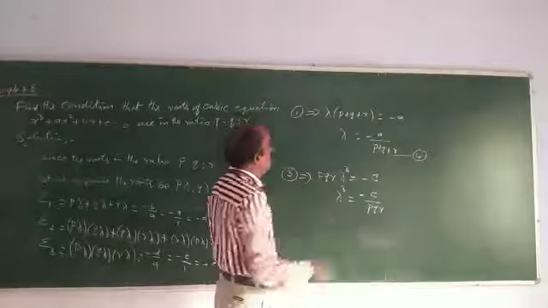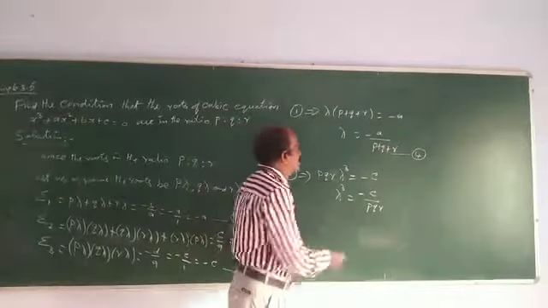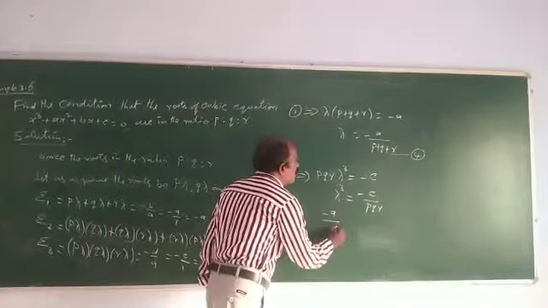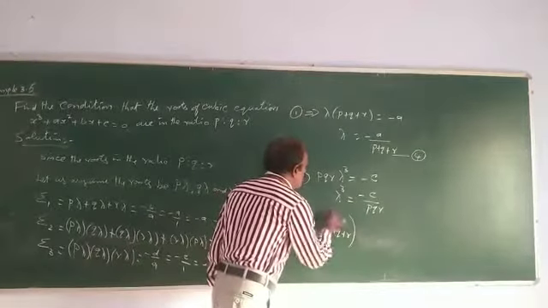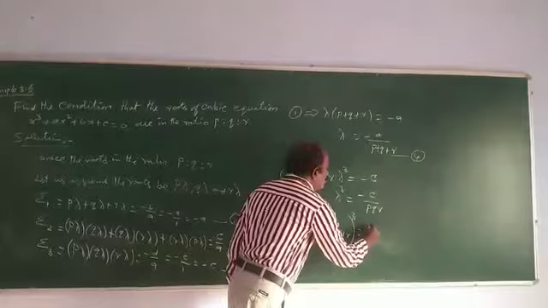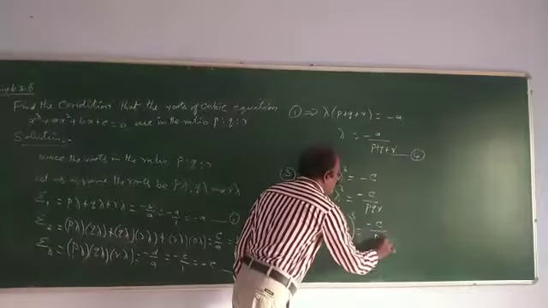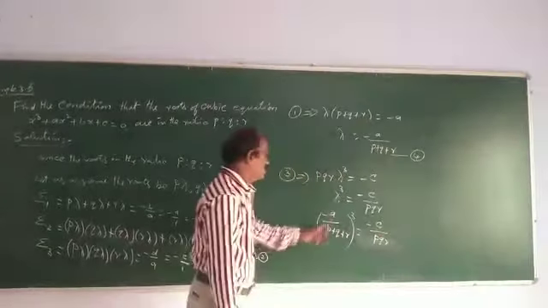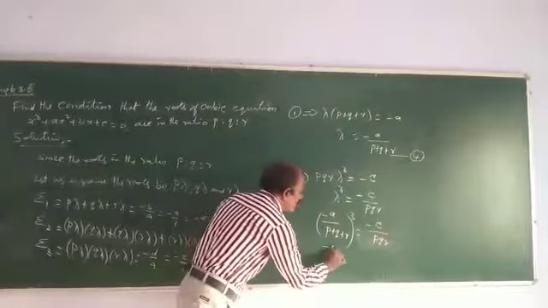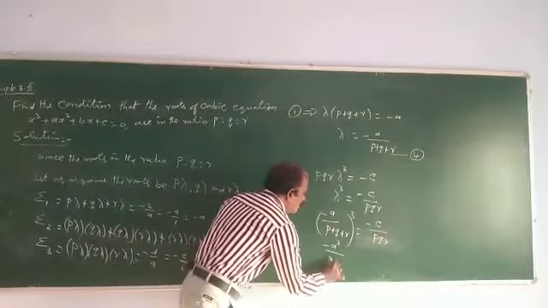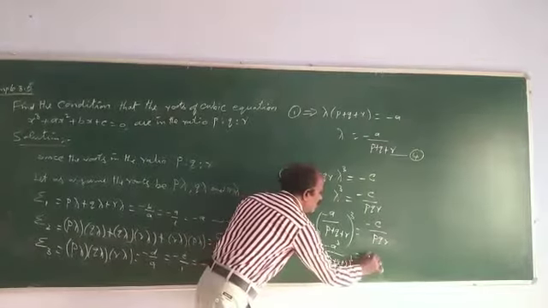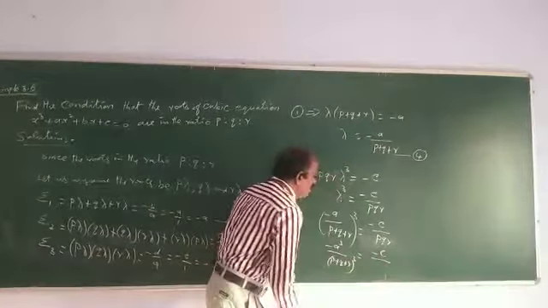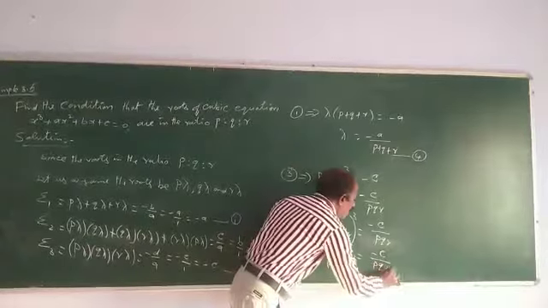Substitute the value of lambda in this equation: minus a divided by (p plus q plus r), the whole cube, equal to minus c by p q r. That is, minus a cubed divided by (p plus q plus r) whole cubed equal to minus c divided by p q r.